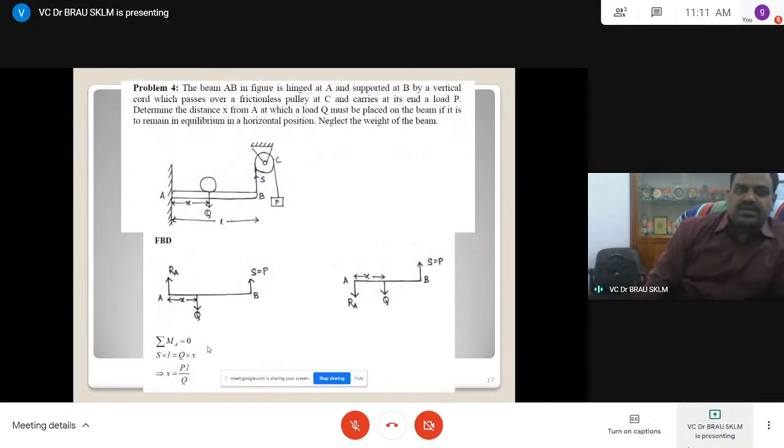Now let us see one more problem. This one is a little bit more important as compared with the previous, because here one fixed pulley is also there.